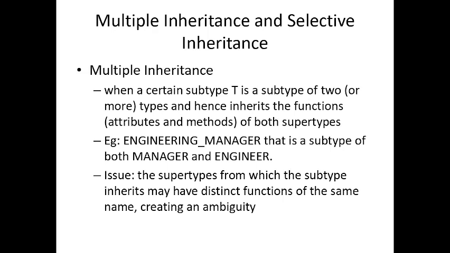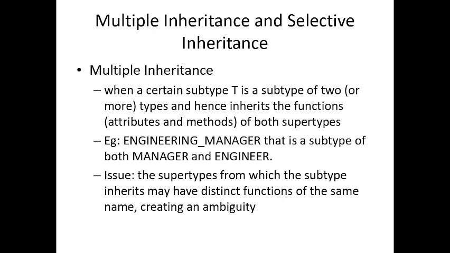It is possible that both engineer and manager inherit salary from the same supertype. The general rule is that if a function is inherited from some common supertype, then it is inherited only once. In such a case, there is no ambiguity. The problem only arises if the functions are distinct in the two supertypes.